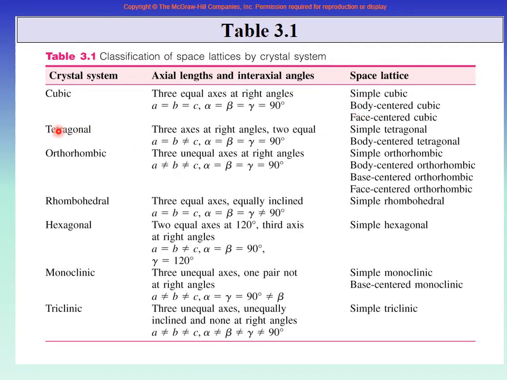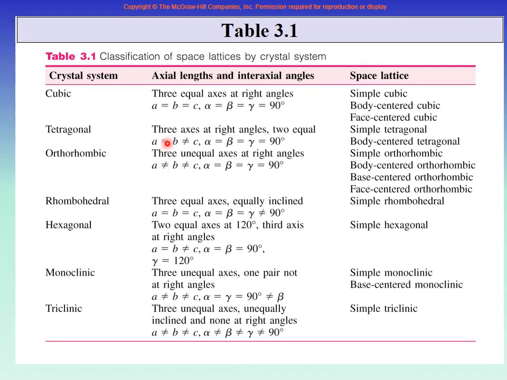Then there is tetragonal. The 3 axes are at right angles, so all the angles are 90 degrees. Any two of the sides are equal but not equal to the third side. So this is tetragonal. Orthorhombic, three unequal axes, A and B and C, none of them are equal.